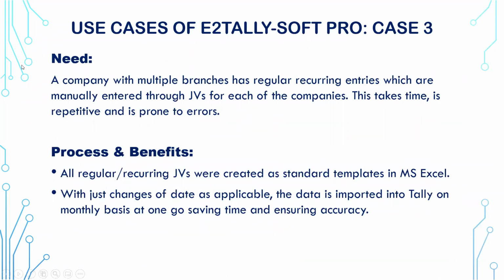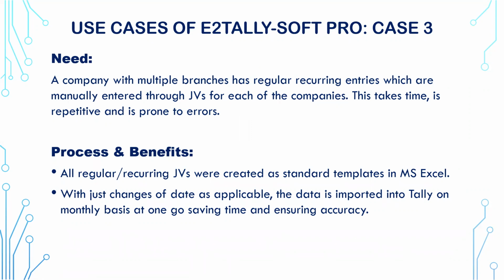If you take one more case, a company with multiple branches has regular recurring entries which are manually entered through JVs for each of the companies. For example, let's say a company has 30 branches and they pass regular JVs, about 10 JVs for each type of transaction. For example, rent payable, salary payable, interest payable, consultancy charges payable. They prepared a standard template for this, and using the standard template, all the JVs were automatically created for the months whenever they wanted at the month end, and they were able to import this in a few minutes.